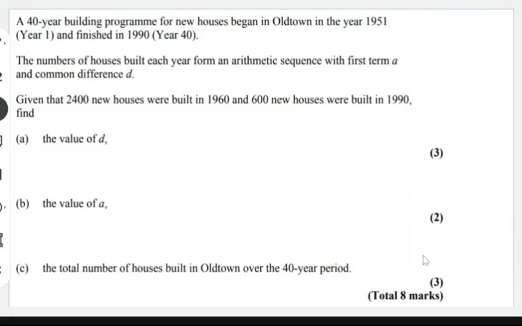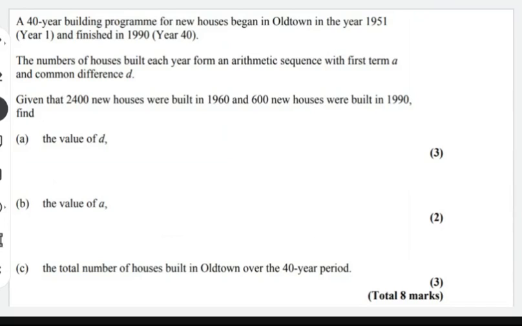I don't really understand the question on this one because it says that there's the 40-year building program. So it starts in 1951, which is year one, and then it ends in 1990, which is year 40. So at first I thought that would be the sequence, but then it says the number of houses built in each year form the arithmetic sequence, the first term A and the common difference D. So that's fine.